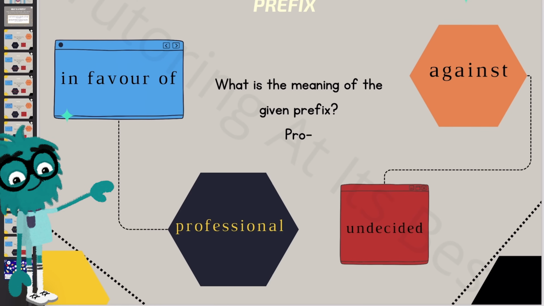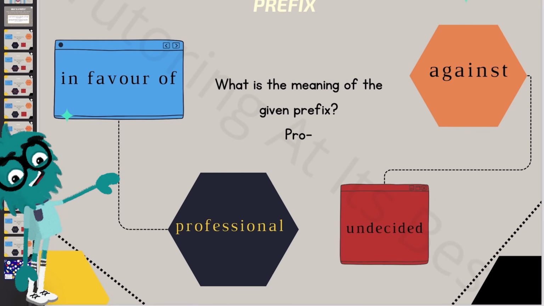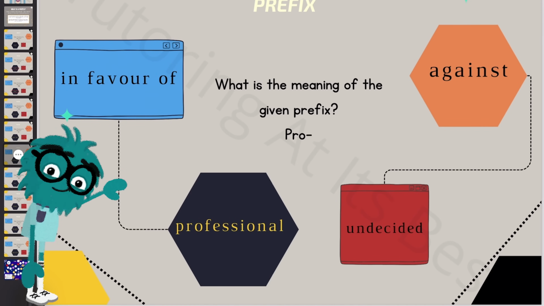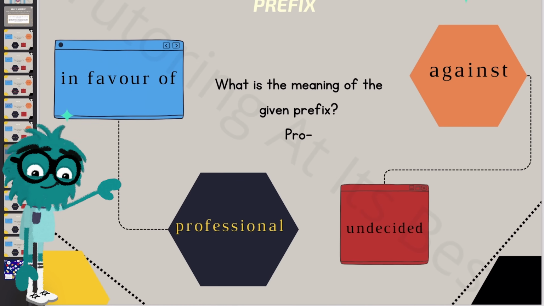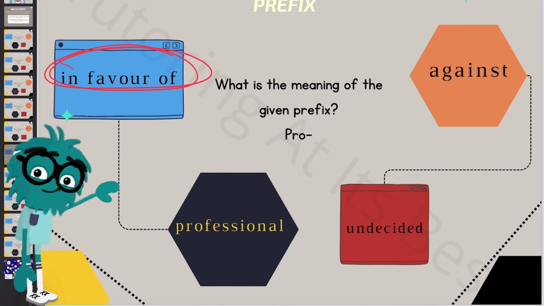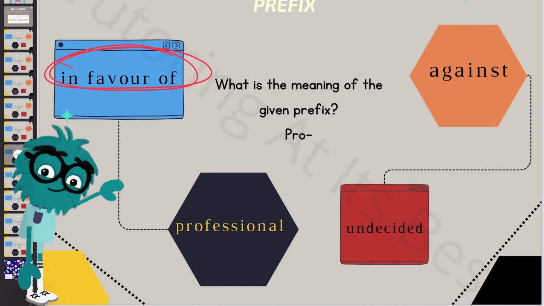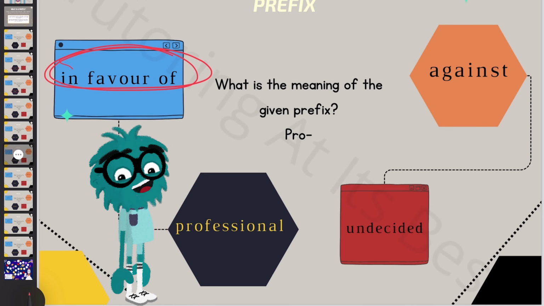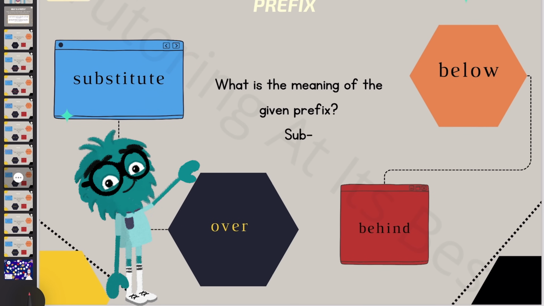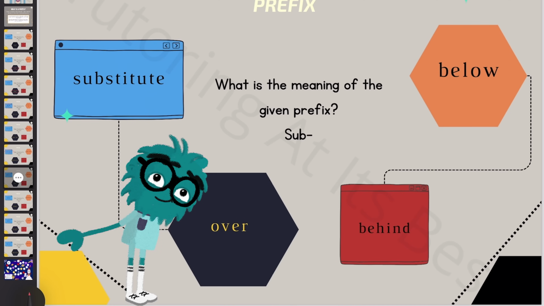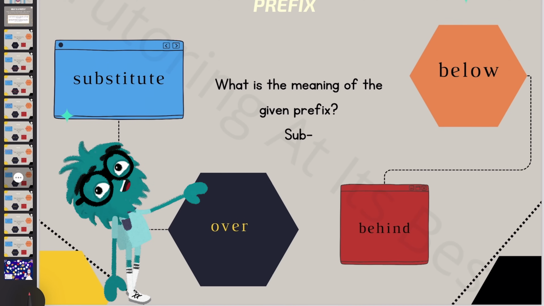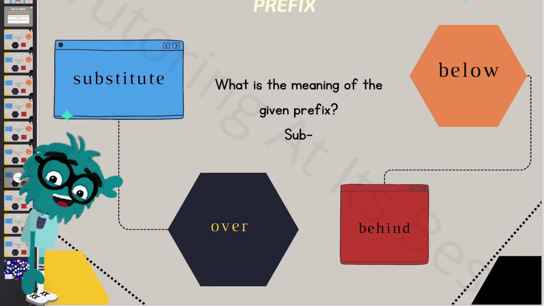Pro. So if you're pro something, let's say proactive or pro-life, we can consider this to be in favor of, so it's a positive, versus something being against. And then we have sub as our next question. The meaning of sub. Well, can you think of any words that start with sub?